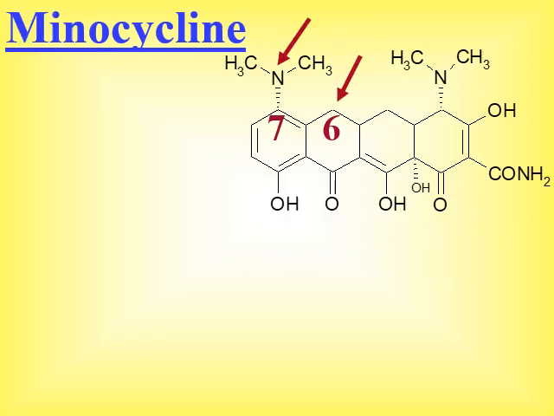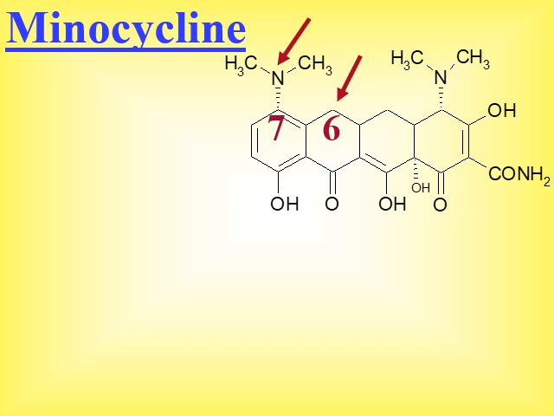Another synthetic tetracycline is minocycline. In minocycline, the difference between it and tetracycline, we have no hydroxyl and methyl group at position number 6, but instead we have dimethylamino at position number 7.